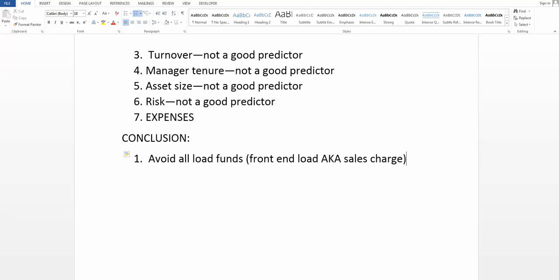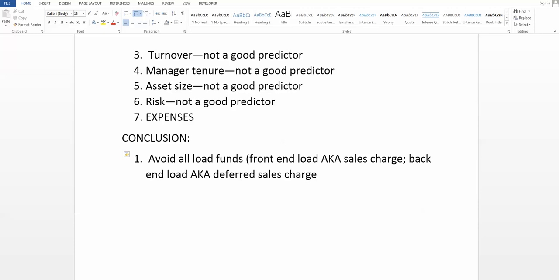When you first buy into shares of the fund, they'll immediately deduct a certain percentage from the amount you send them as a fee. Some funds charge what they call a back-end load or a deferred sales charge when you sell shares of the fund if you've held them for, let's say, only a year.